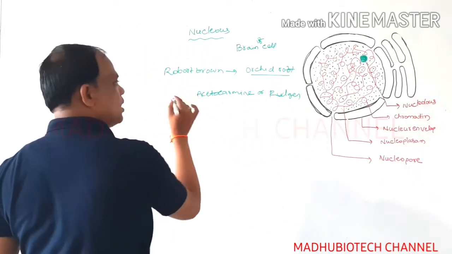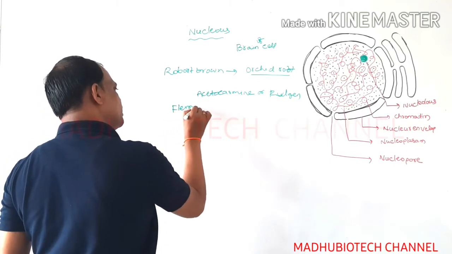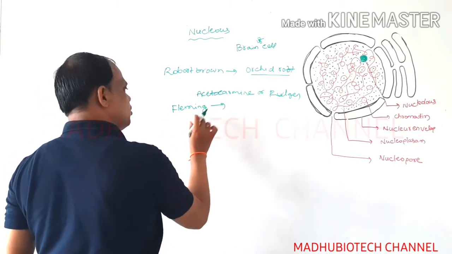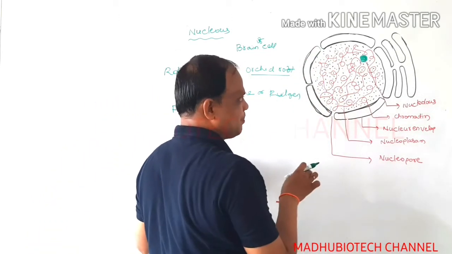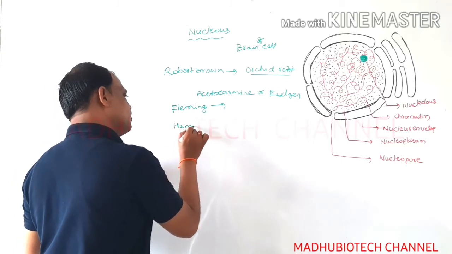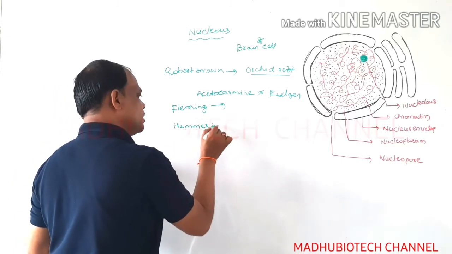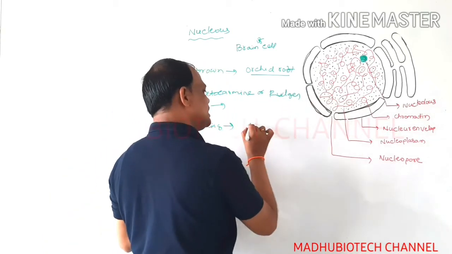The name chromatin was given by the scientist Fleming, who identified the chromatin threads in the cells. Hammerling proved that the nucleus is the hereditary material.